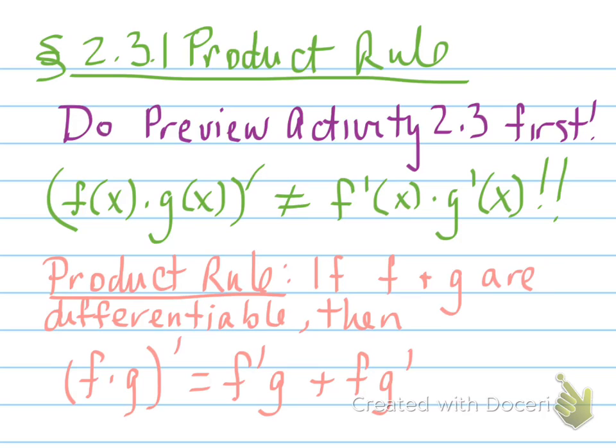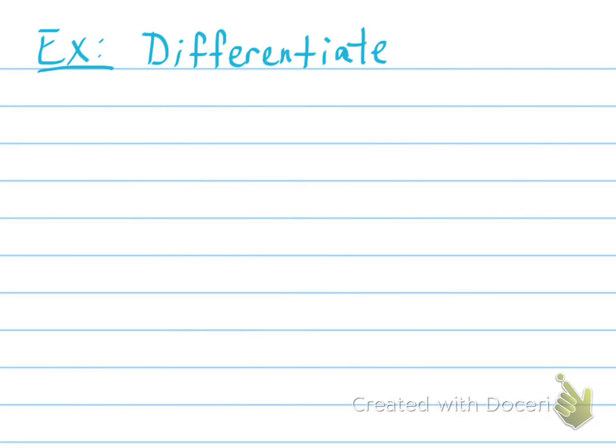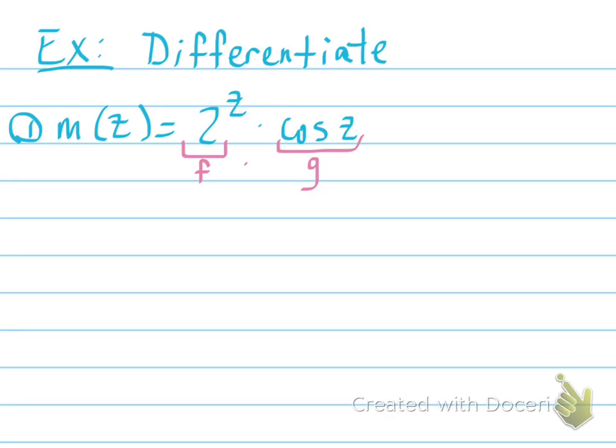So let's see some examples of how we would apply the product rule. Let's differentiate the function m of z equals 2 to the z times cosine of z. The first step is to recognize that this is a product of two functions. The first function is 2 to the z, which I'll denote f, and the second function is cosine z, which I'll denote g.